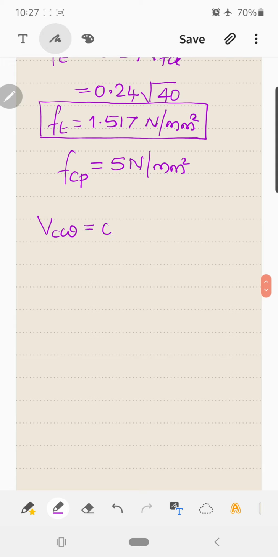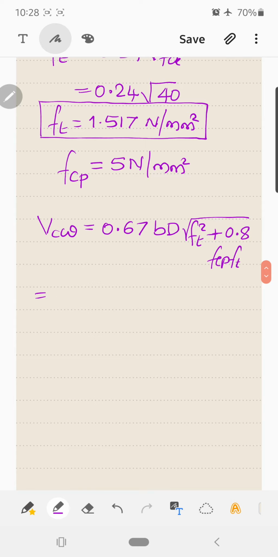Now VCW is, if you could recall the equation, 0.67 B into D, we'll take capital D instead of H, root of Ft square plus 0.8 FCP into Ft.